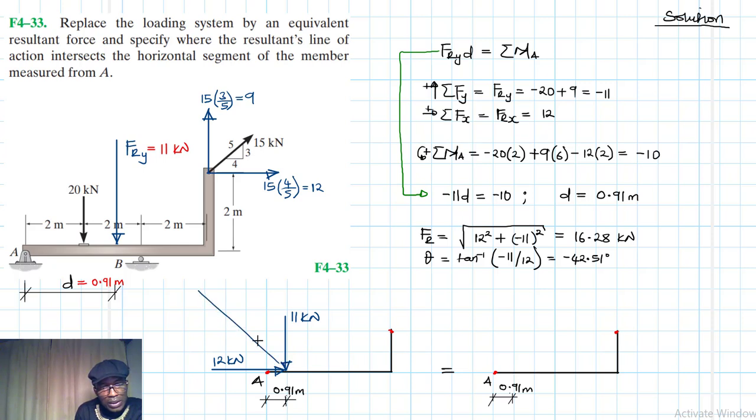So we expect the resultant to be in this direction, which we are going to indicate on the next beam. On the next beam, we have the angle there, 42. So let's say our resultant is somewhere something like that. I want a straight line. Something like that, not too bad.